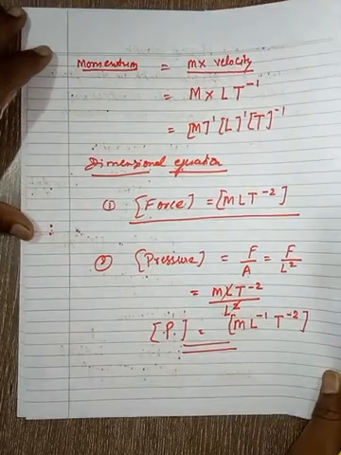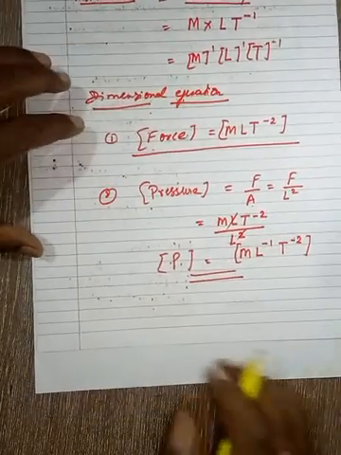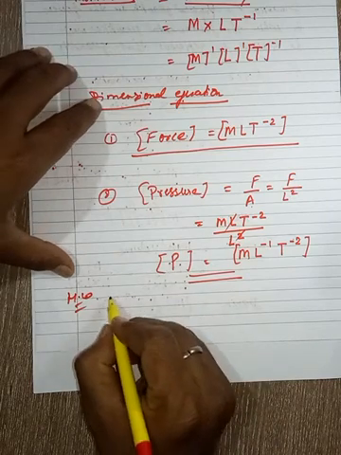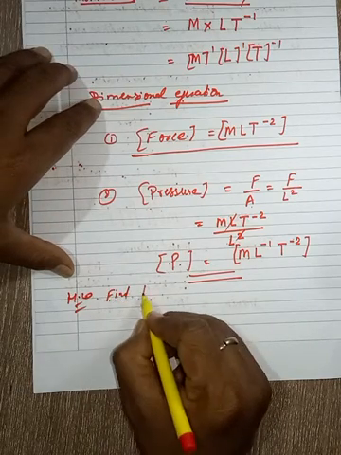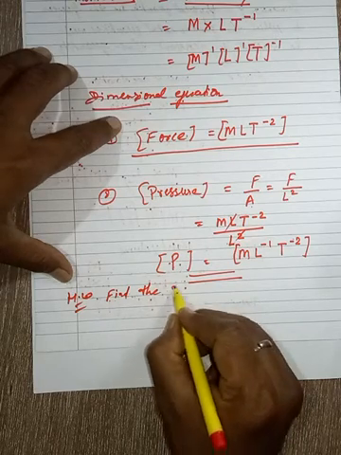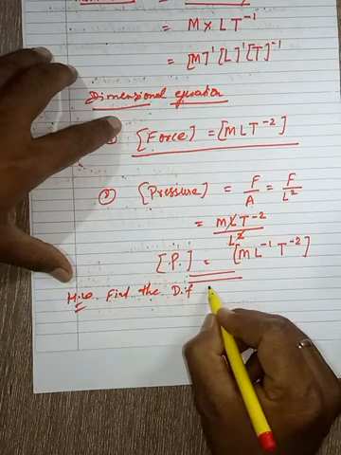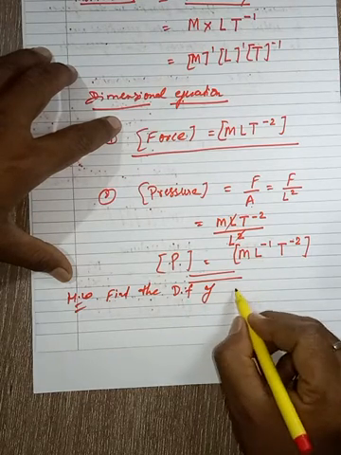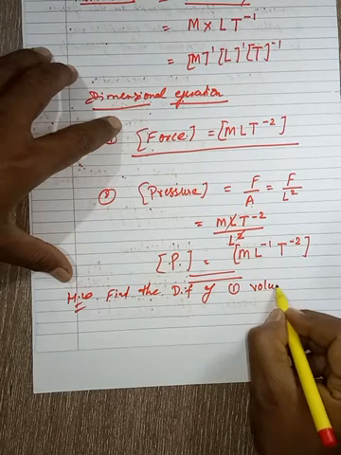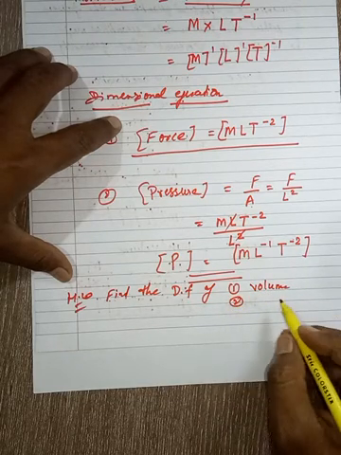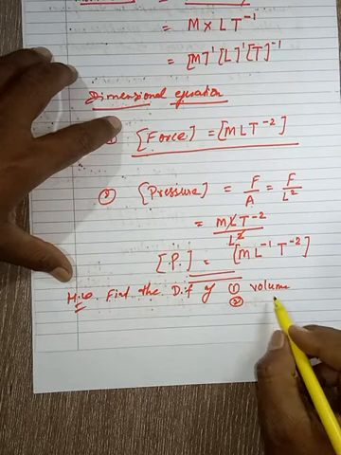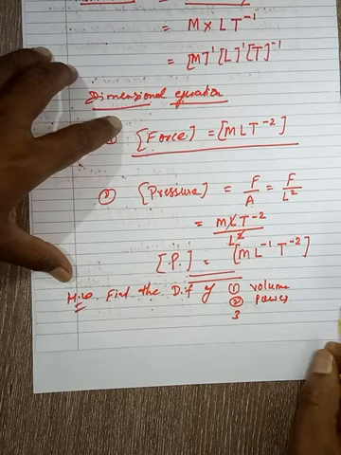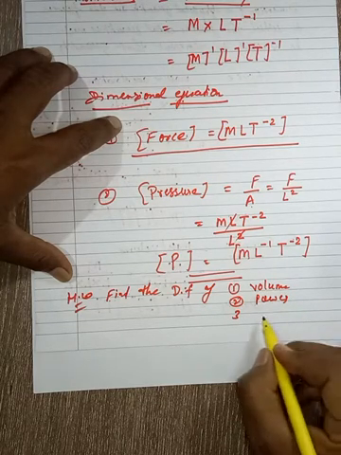Now, homework for today. For the homework part, you have to find the dimensional formula of number 1, volume, number 2, power, and number 3, area.